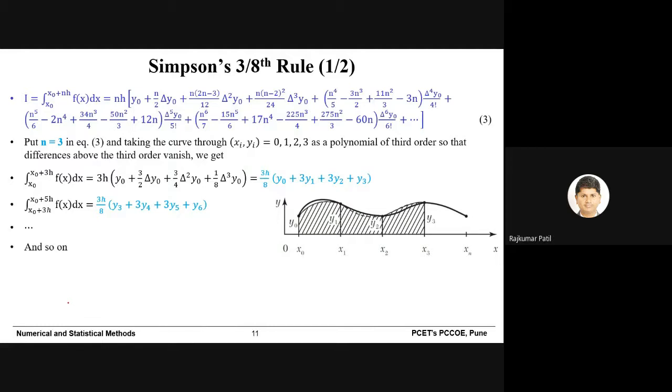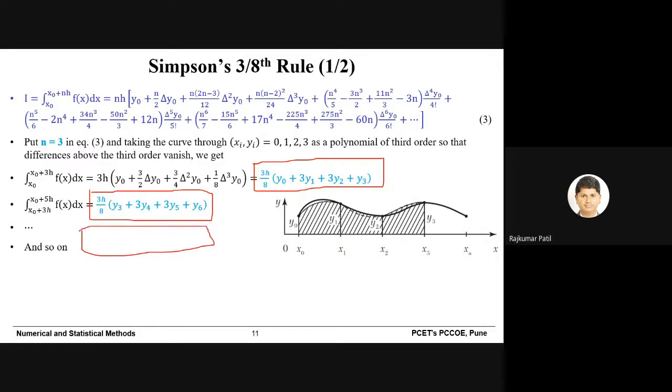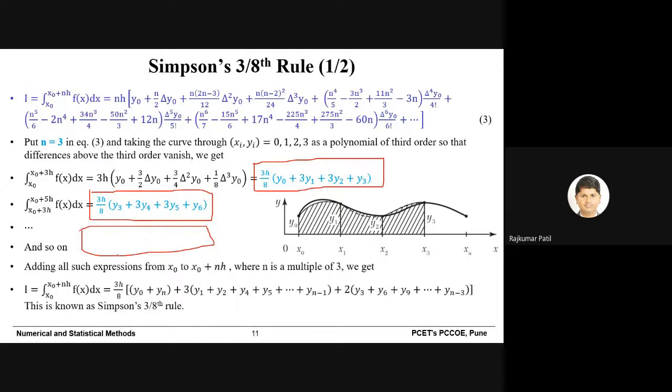And once you do that, in order to calculate the total area under the curve, you need to add all the areas which you estimated for different regions. And once you do that and simplify the same, you will get an equation which is 3h by 8 into bracket, and again in bracket there are 3 sub-regions or sub-brackets.